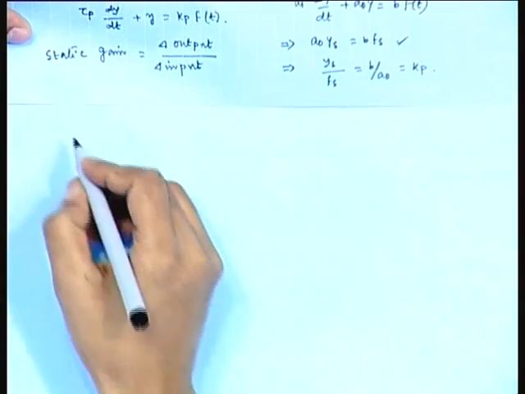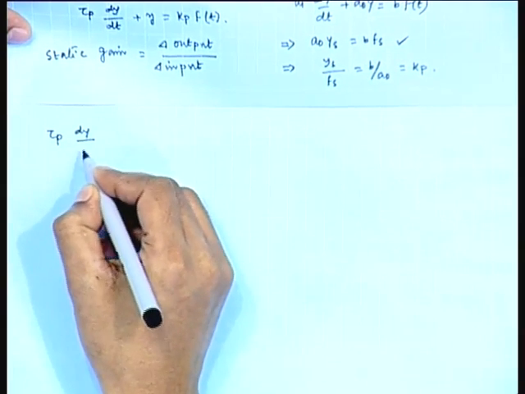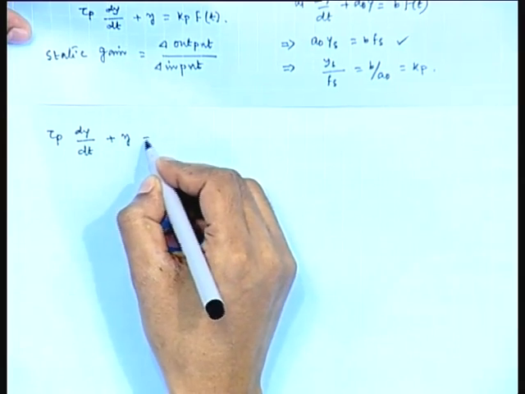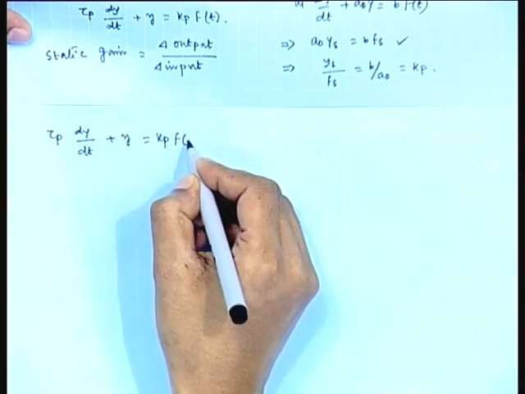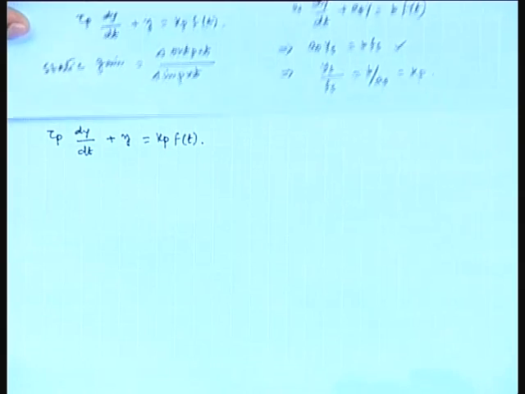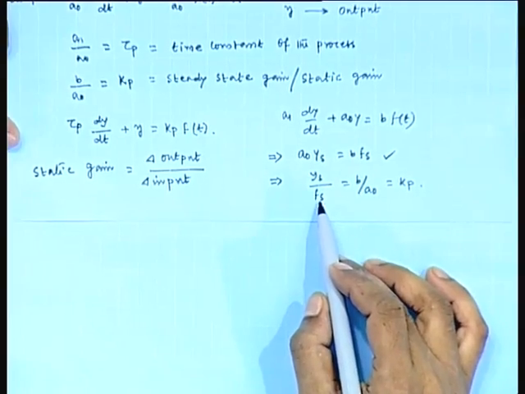Now, we will go back to the equation. We got tau p dy/dt plus y equal to Kp f(t), where y and f both are deviation variables. Fine. That is why we have written here this as delta output and this as delta input.